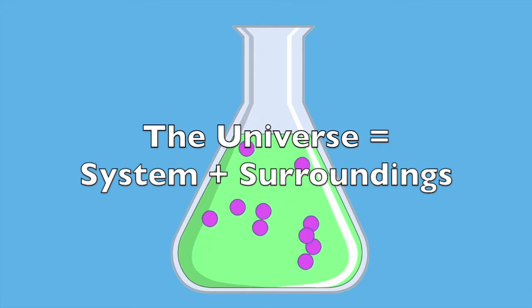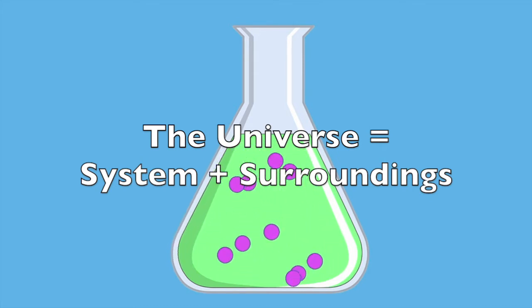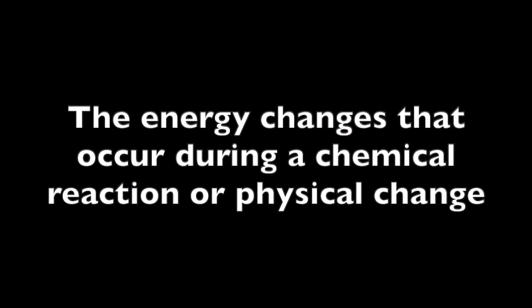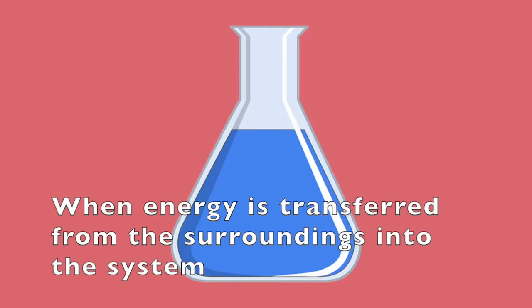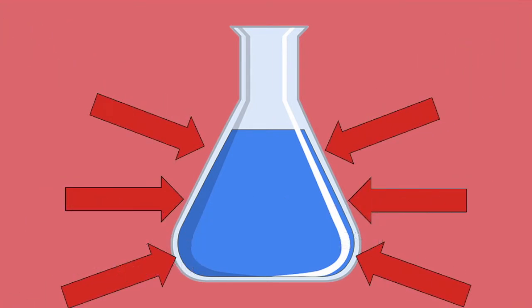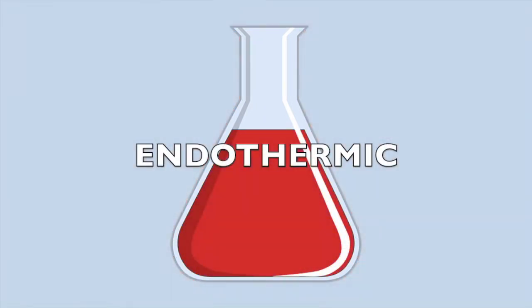It's everything. Now, the reason we care about system, surroundings, and universe is because the energy changes that occur during a chemical reaction or physical change, like a phase change, typically involve the transfer of energy between the system and its surroundings. When energy is transferred from the surroundings into the system, we call this process endothermic.